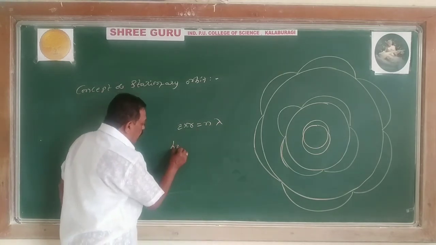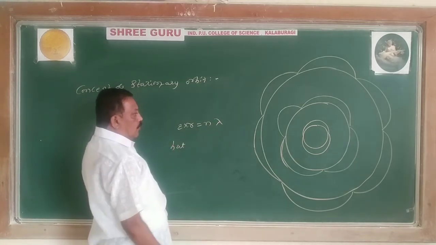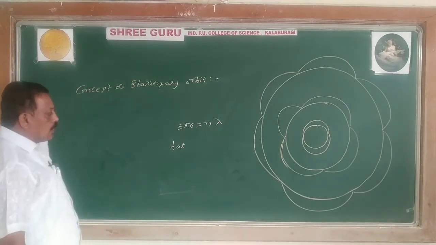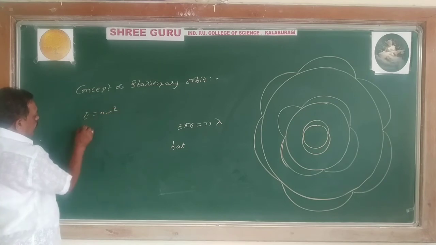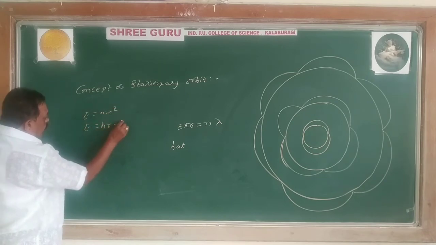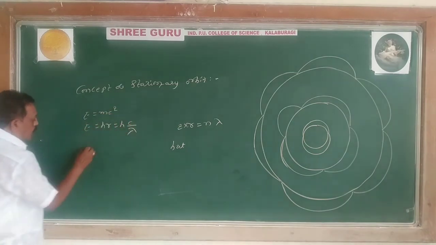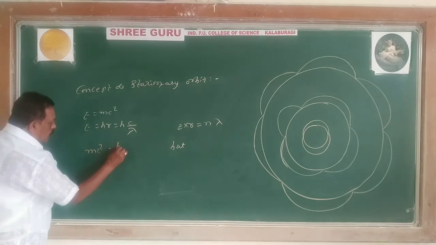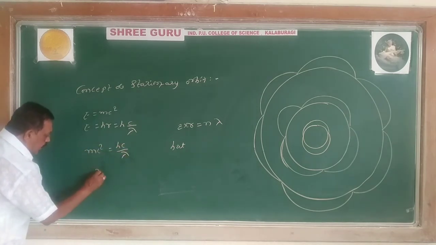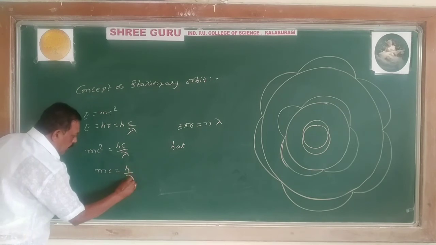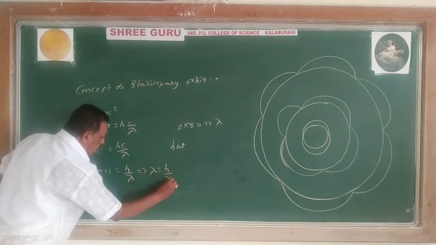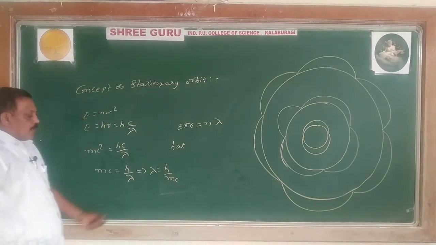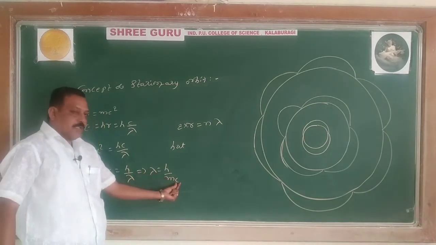But according to de Broglie's wavelength concept, we know that E equals mc square, and E equals h nu, where nu equals c by lambda. Both are compared: mc square equals hc by lambda. Once c cancels, m into c equals h by lambda, which implies lambda equals h by m into c. If the particle is traveling with the speed of light, then we take c.